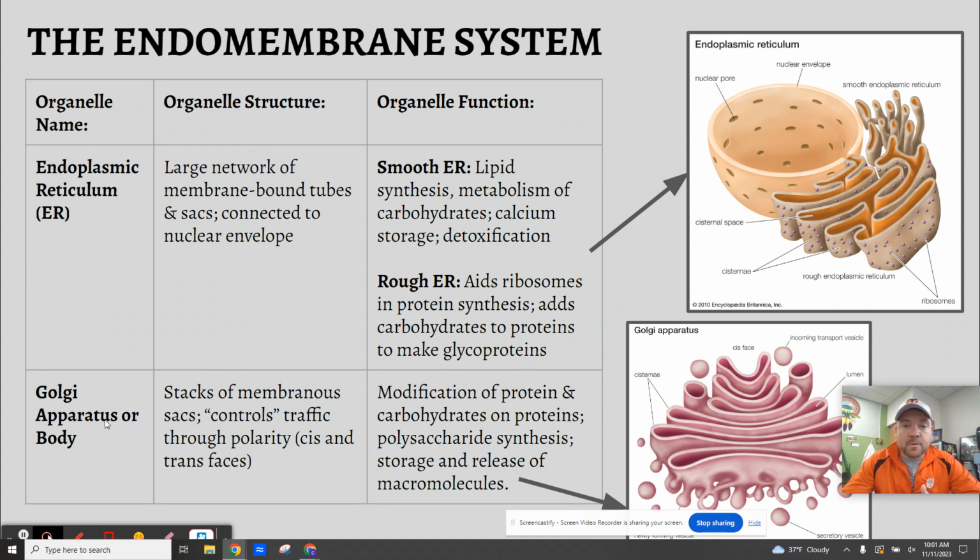The Golgi apparatus is this weird kind of membranous sac structure right here. So its main deal here is going to be receiving the proteins after they've left the smooth endoplasmic reticulum.